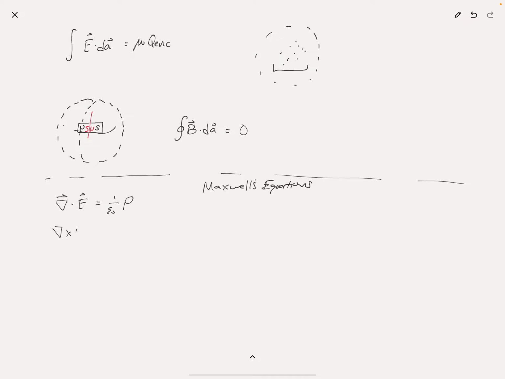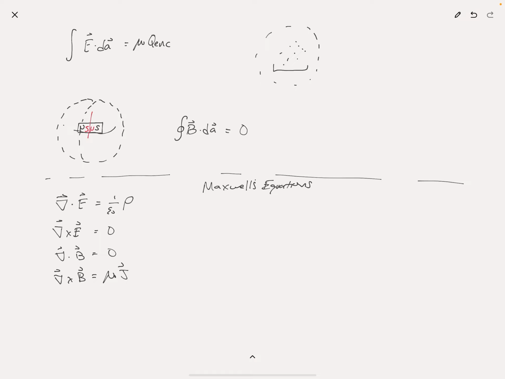The curl of the electric field is equal to 0. The divergence of my magnetic field is equal to 0. And the curl of my magnetic field is equal to mu naught J.